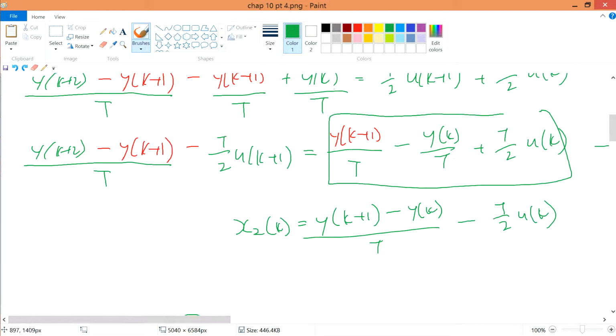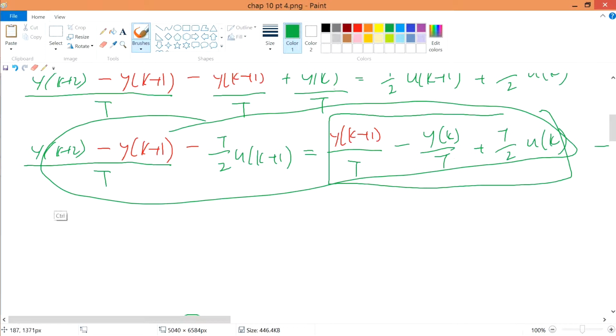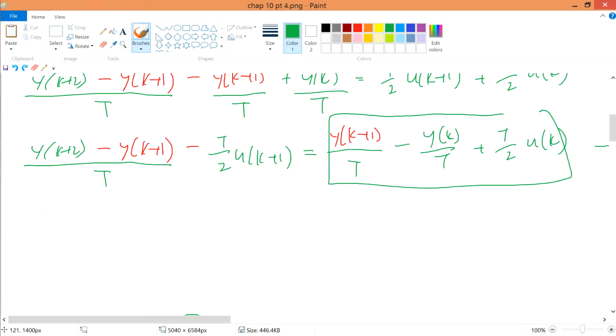You may also think about the relationship: hold on a while, I can shift the whole thing by a time step backward. So instead of k plus 2, I have k plus 1 now, minus yk, instead of k plus 1, I have k, so I have a minus 1 time step delay, or minus 1 time step shift.